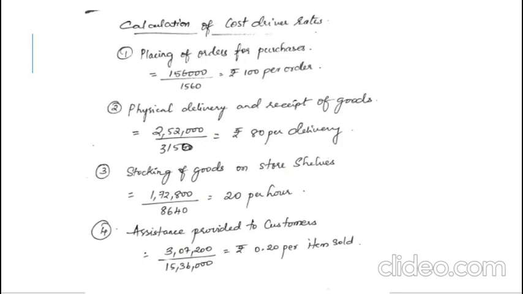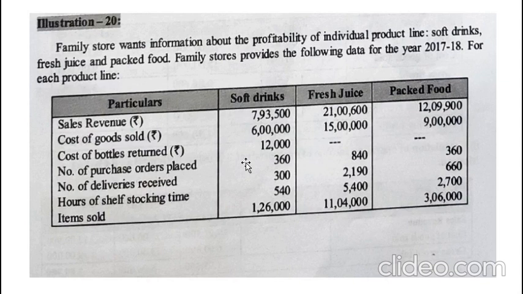The question also gives the number of purchase orders placed: for soft drink it is 360, for fresh juice 840, and for packed food 360. So now we will allocate based on that.